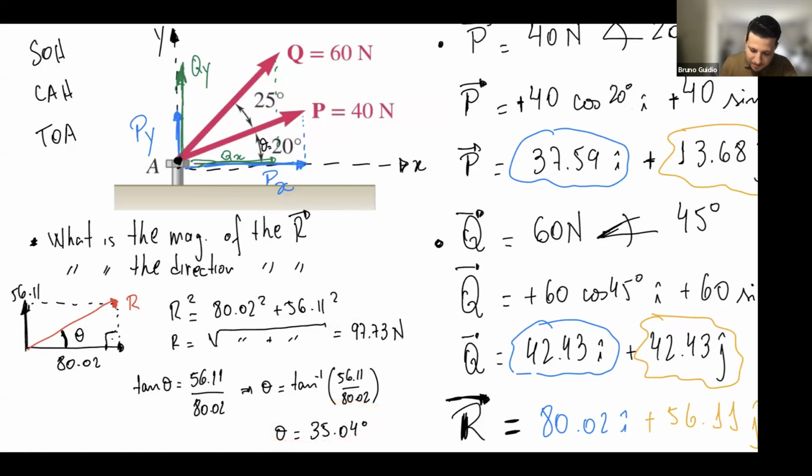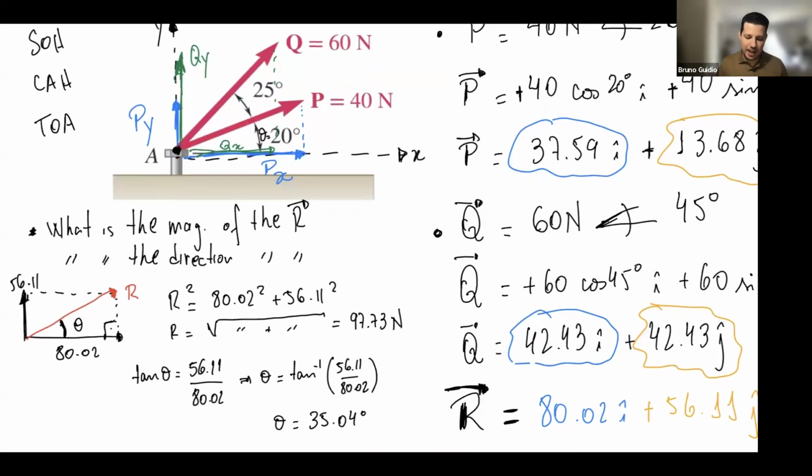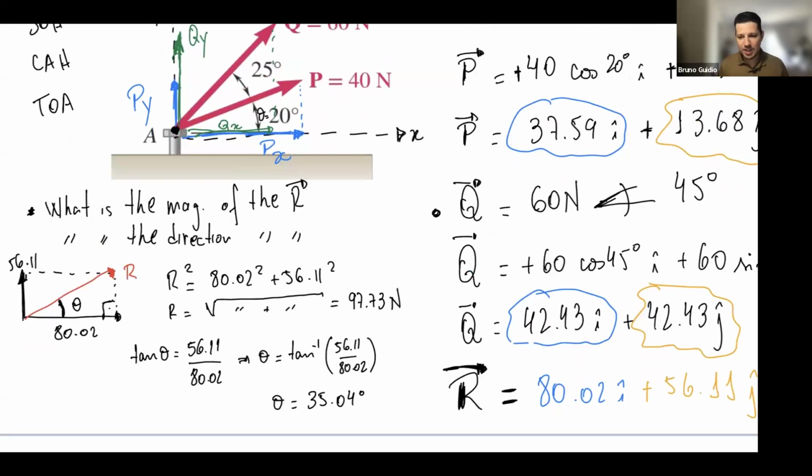Meaning that 35 degrees is, if this is 45, let's say 35 is right here, it's going to be around here. Let me use another color. So this is going to be the resultant around here, resultant, okay? But to get there, first we change to x and y component, and we find later the magnitude and direction, okay?